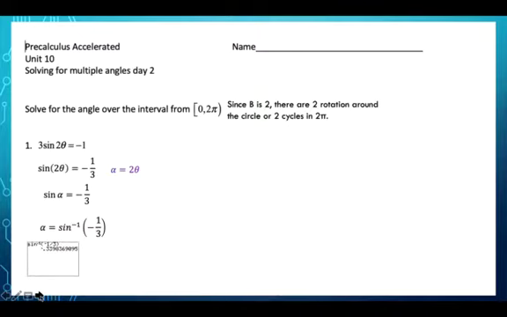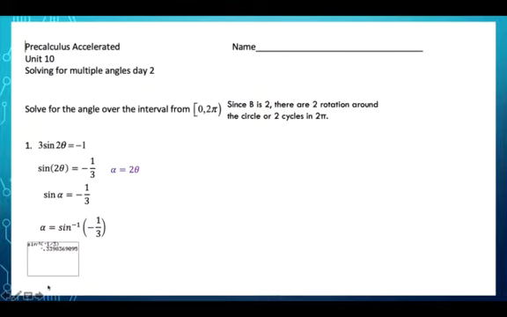When I put this into my calculator, because sine is negative, it's going to give me a negative angle, because your calculator solves in the interval from negative pi over 2 to pi over 2. So here's my angle. It's negative 0.3398. To round that correctly, you actually need to bounce this up. So it ends up being negative 0.340.